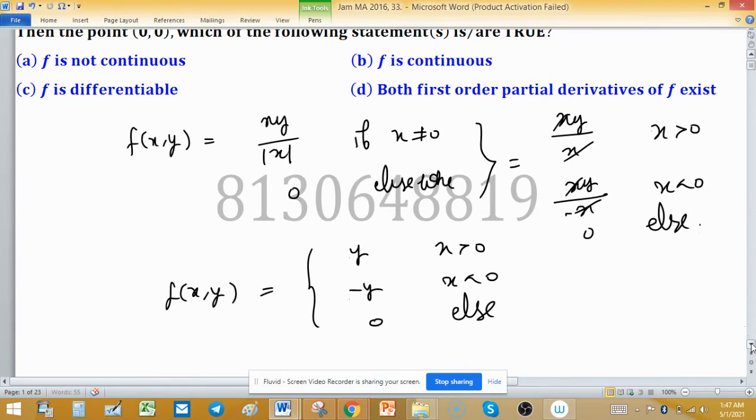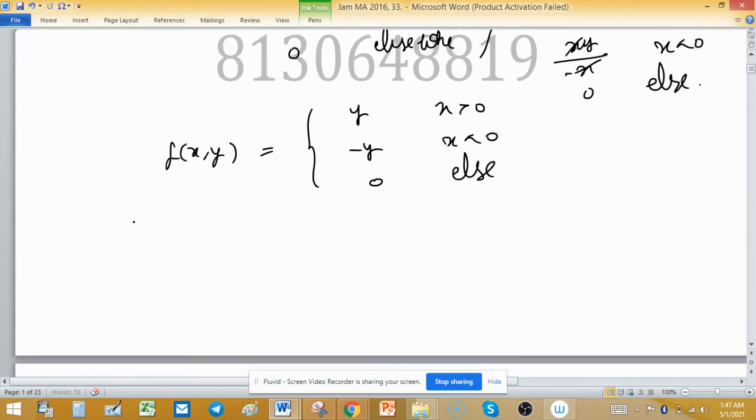Now we have to check continuity of this function at (0, 0). So we have to check the limit of f(x, y) as (x, y) tends to (0, 0). As left hand limit or right hand limit we can check. Since we have to check continuity, we can't approach (0, 0) from only one direction, so we can consider along the line y equal to mx. This can be checked sufficiently many times.